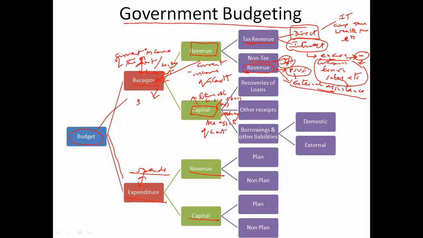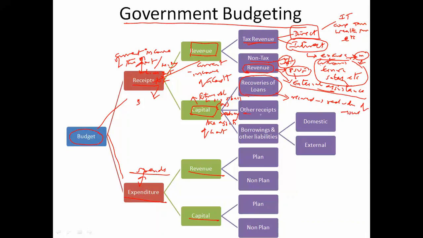of government. So let's take this example, recoveries of loans. Suppose government has given loan to someone. If it gets interest from that loan, it does not lead to reduction in the asset of government. But when the whole loan itself is recovered, it leads to reduction of asset.